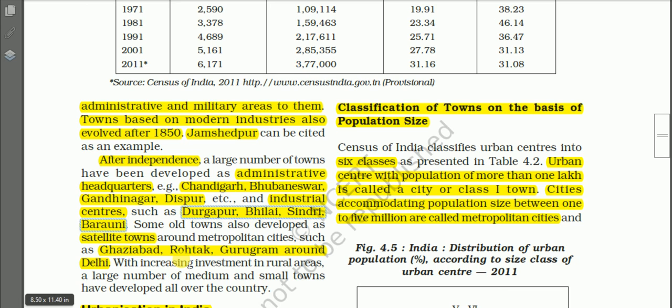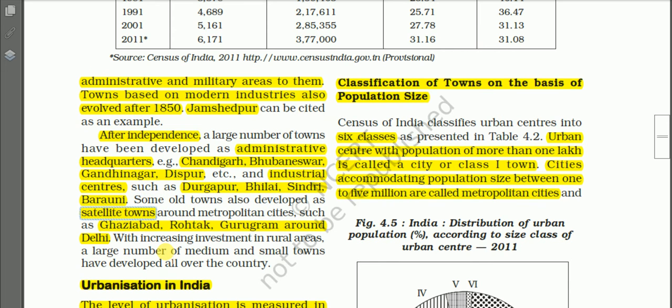And some old towns also developed as satellite towns around metropolitan cities, such as Ghaziabad, Rohtak, Gurugram around Delhi. With increasing investment in rural areas by the government of India, a large number of medium and small towns have developed all over the country now.